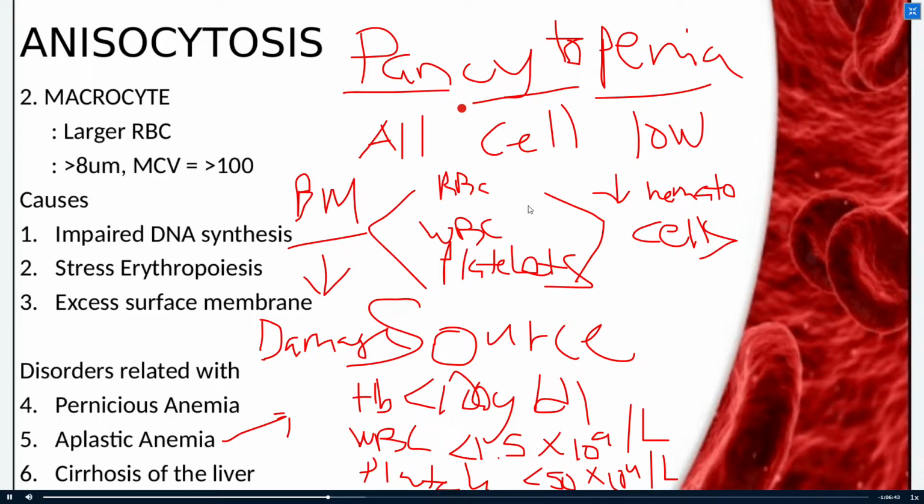Your aplastic anemia is characterized by hemoglobin less than 100 grams per dL, a WBC count less than 1.5 times 10 raised to the 9 per liter, and a platelet count less than 50 times 10 raised to the 9 per liter. Okay.